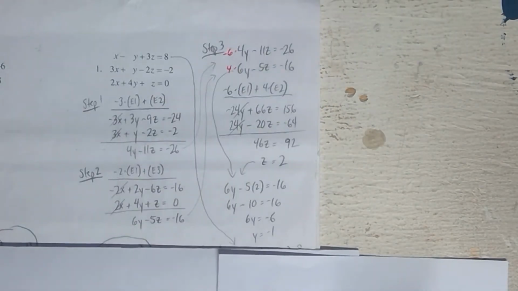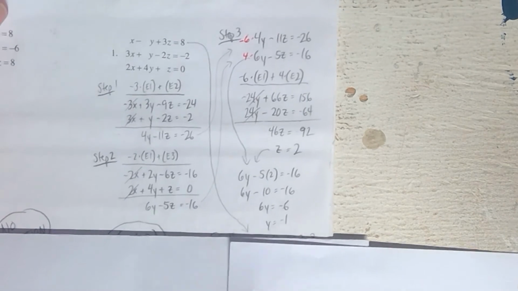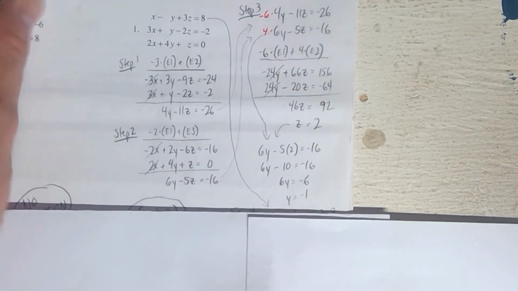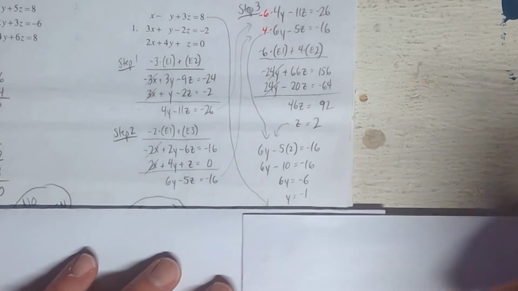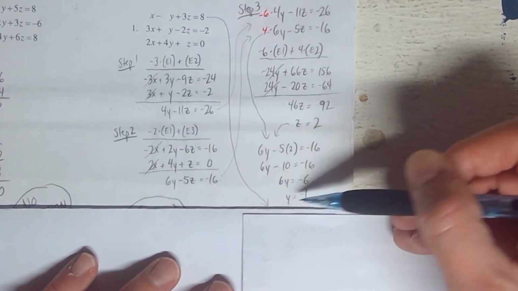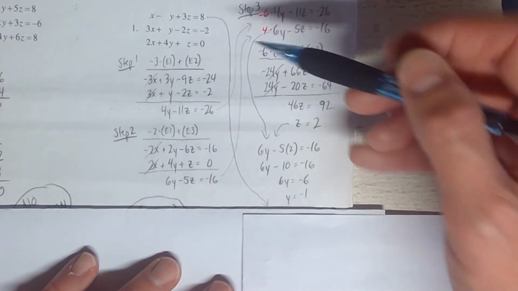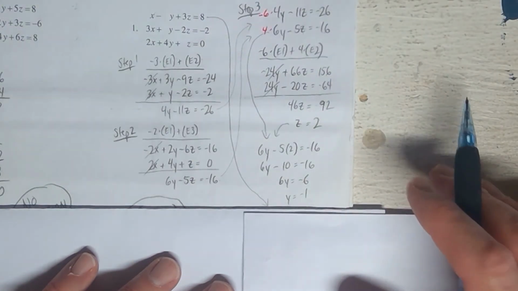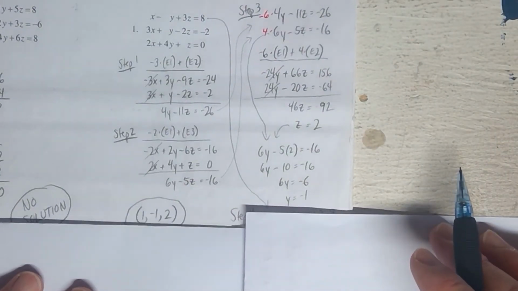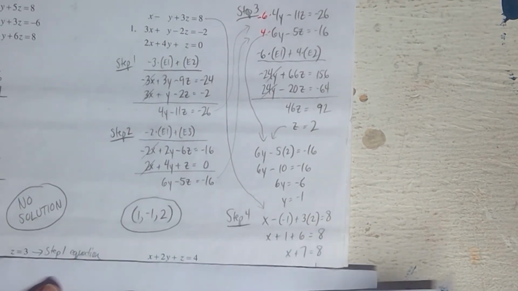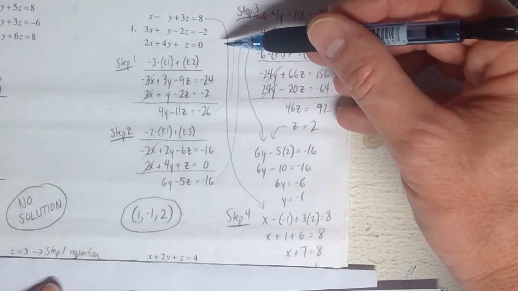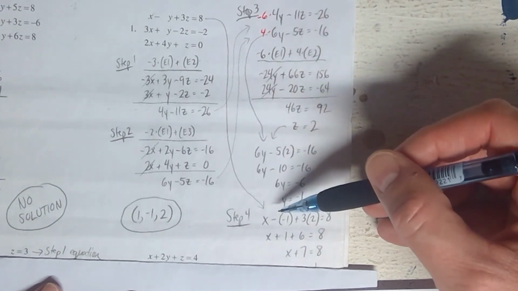Last step is step 4, where you have to go back to one of the original equations, and you pick any equation that has the variable in it that you're still trying to solve, which is x. Well, all 3 of them have x in it, so take your pick. It could be any one of those. I went ahead and picked the very first one there. As you can see, I made an arrow for that.